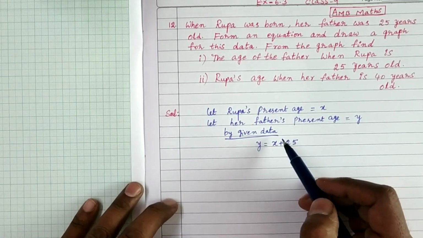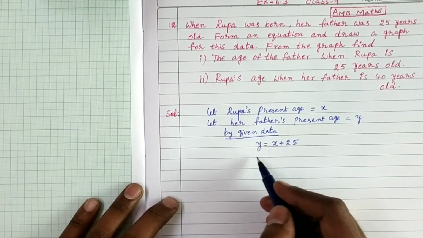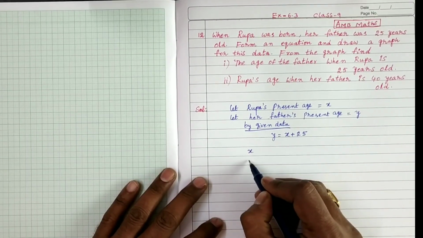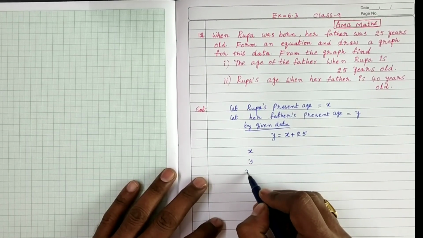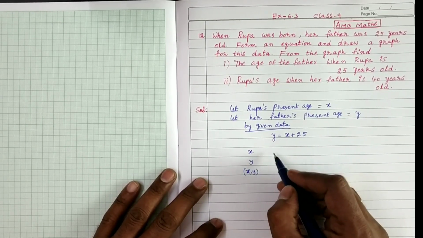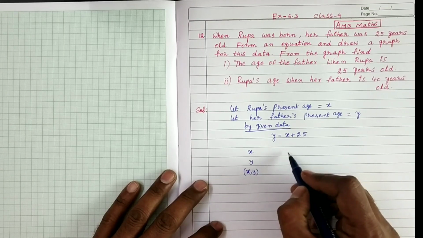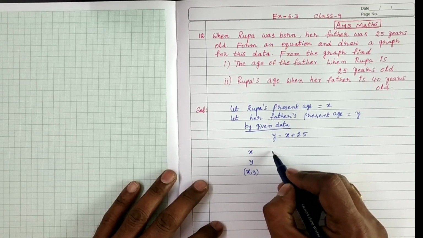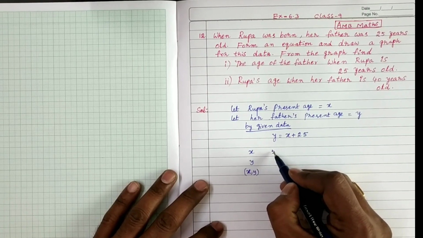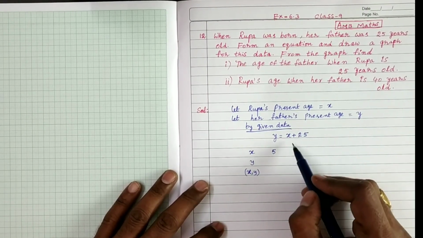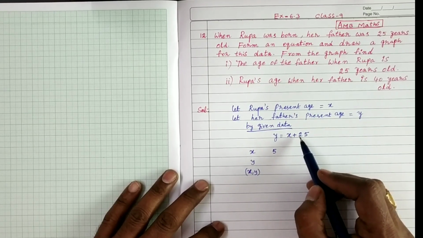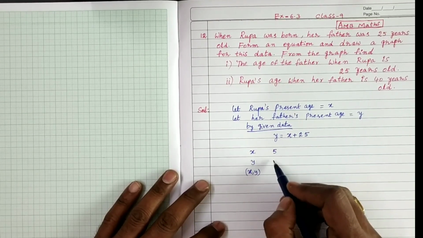So take 2 points, X comma Y. Suppose Rupa's age is 5 years, then Rupa's father's age will be 30 years. So 5 plus 25, 30.